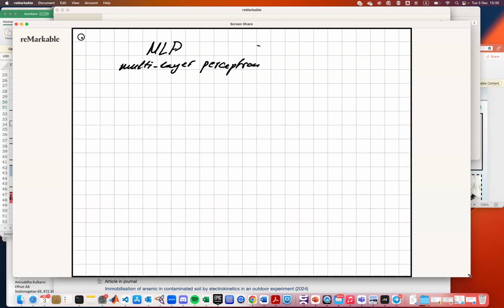It's a generalization of a model which includes high-level interaction between features. What do I mean by this? So normally you have a layered structure.